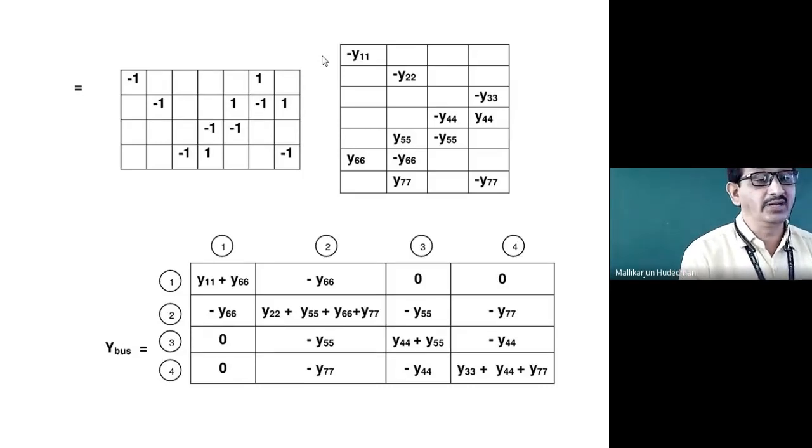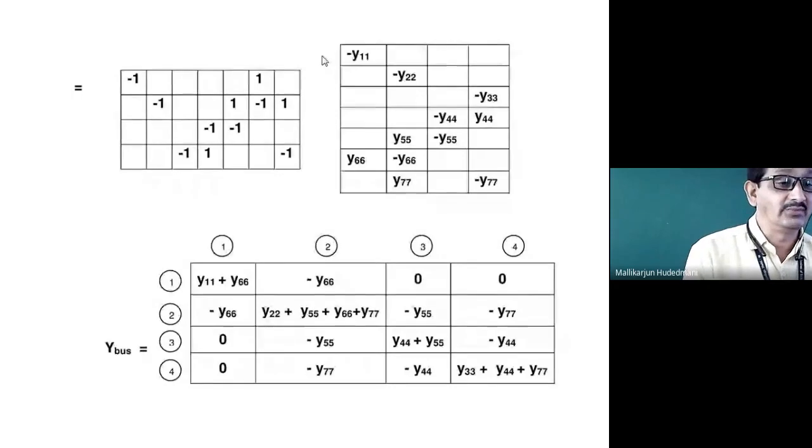It was some other domain. Y11 plus Y66 I would have represented simply as Y1 plus Y6 also. But this author referred to this problem in some other study of power system analysis. He could resolve it himself as a double subscript. It doesn't matter to me in this case.